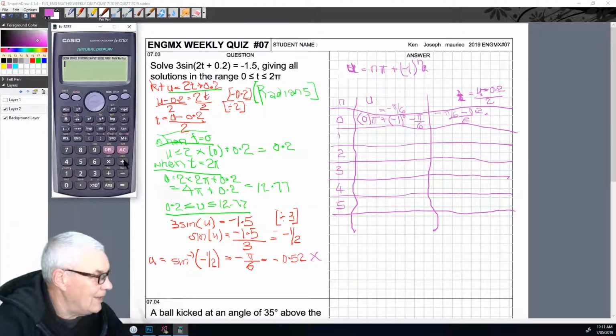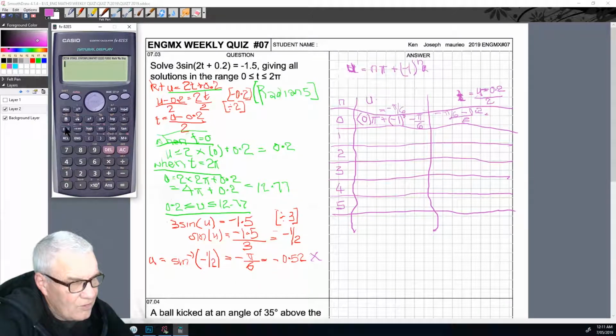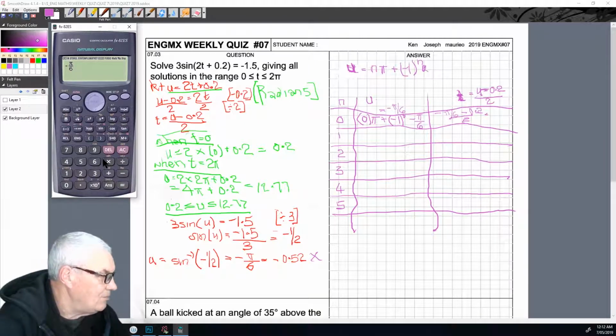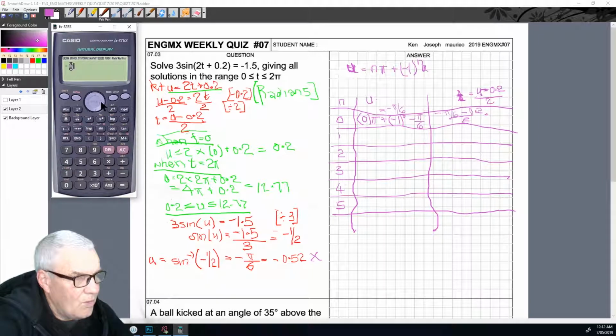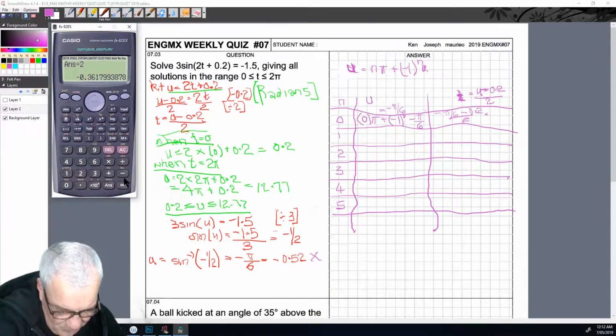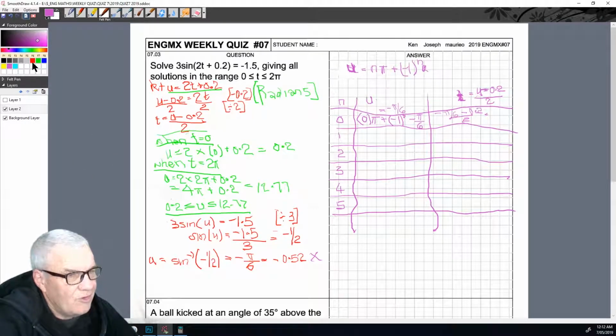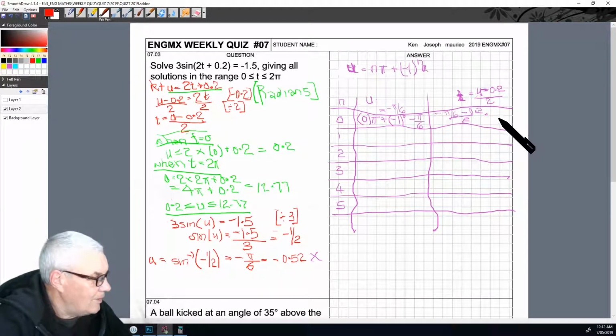All clear. So negative pi by 6, minus 0.2 equals, and then we're going to divide that by 2 equals, and that gives us minus 0.36, and I'll put that up there in red.